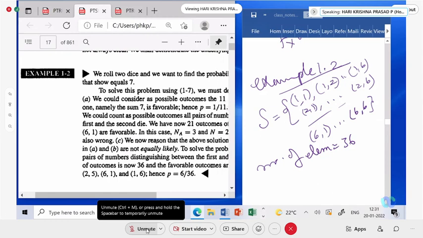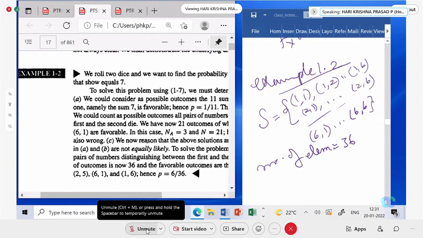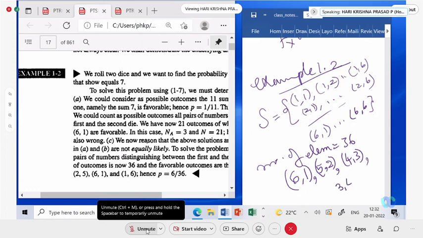The sum of the numbers that show up is 7. So what are the possible combinations? On the first die 6, second die 1. This is one combination. First die 5, second die 2. Like that, you have to consider the possibilities: 3, 4, 2, 5, then 1, 6.